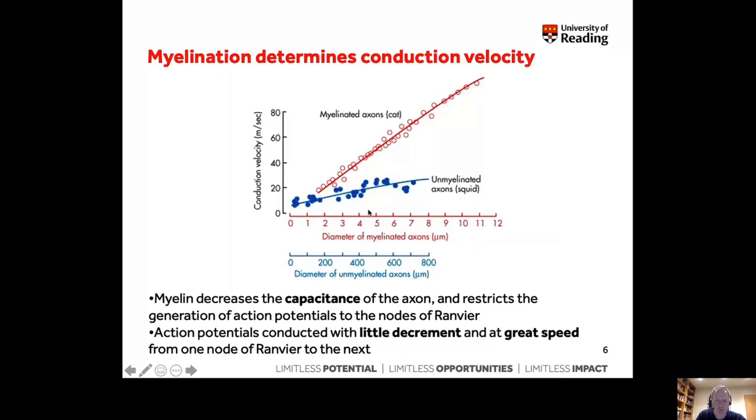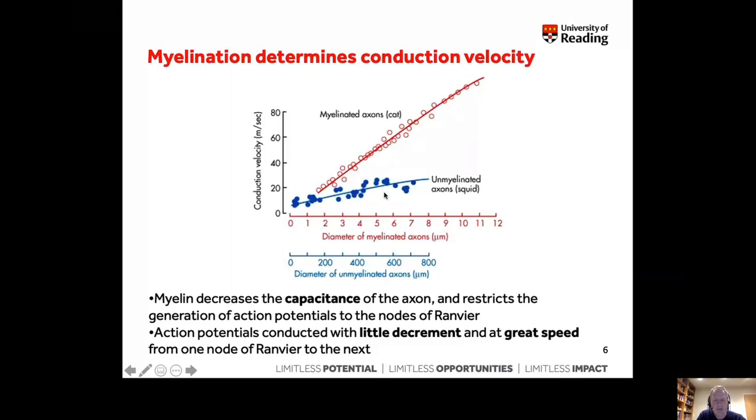Important to point out that in an unmyelinated axon, again, we see this increase in conduction velocity as they get wider and wider, but the diameter here is much higher. So, around about 100 times higher in this unmyelinated axon.